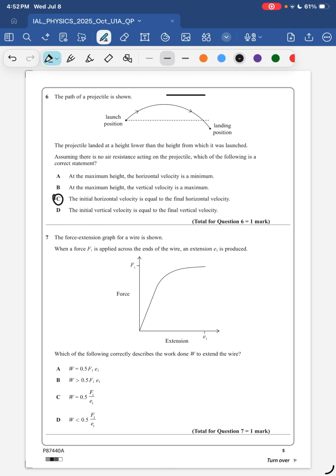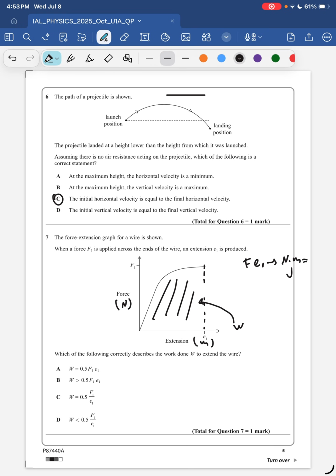First of all, the force is in newtons and the extension is in meters. If we multiply force and extension, we get units of newton meters, which are joules. In other words, the area under the curve, up to E1, is the work done to extend the wire.